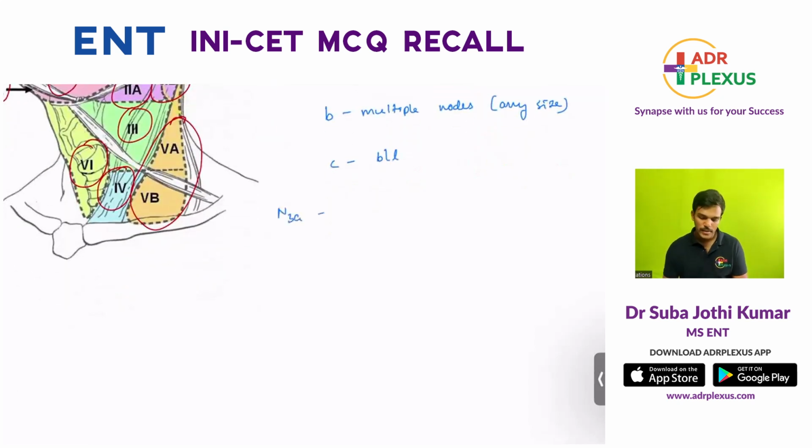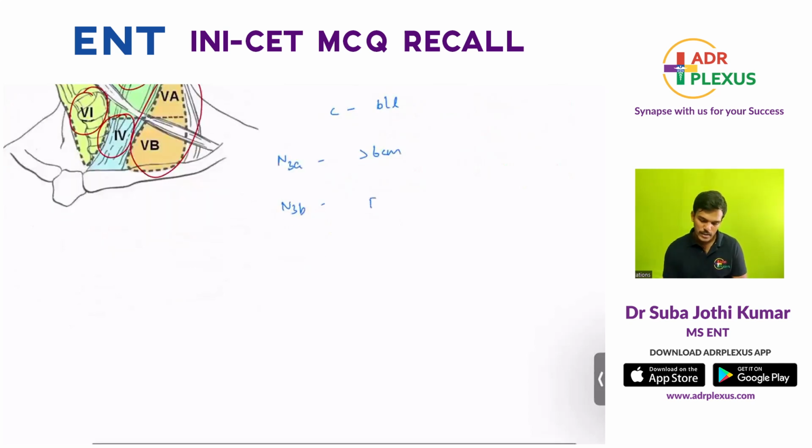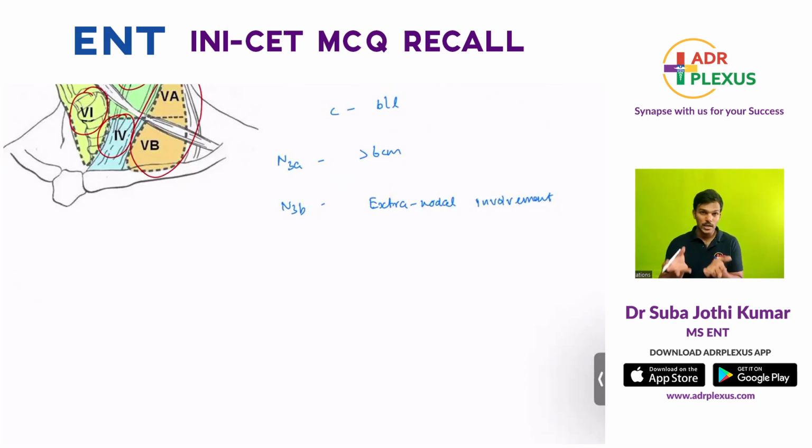N3A, it is more than 6 centimeter. N3B, extranodal involvement, any size. There is extranodal involvement, that is, there is a skin ulcer over the nodal metastasis. It is N3B.